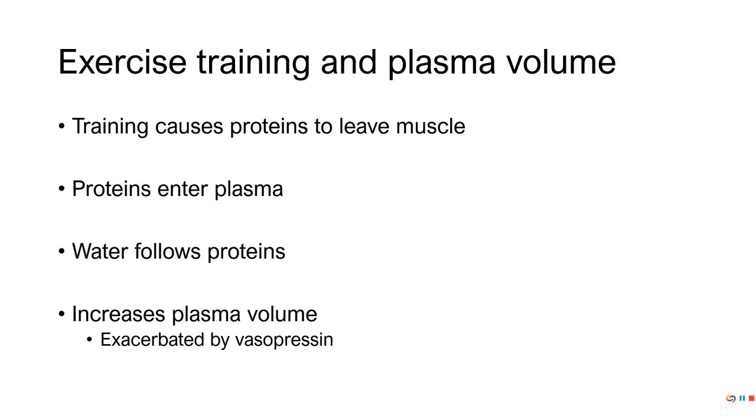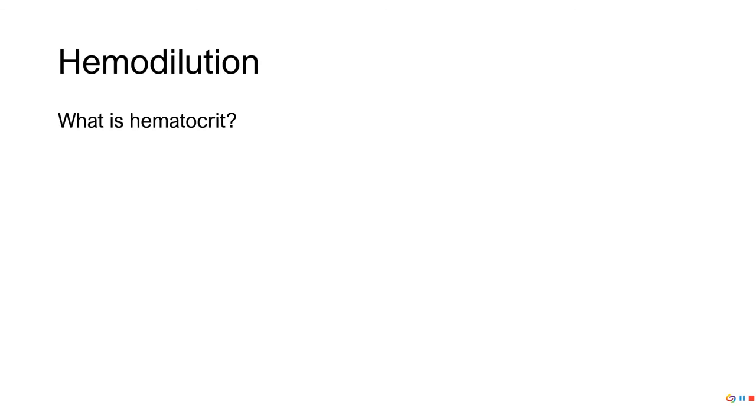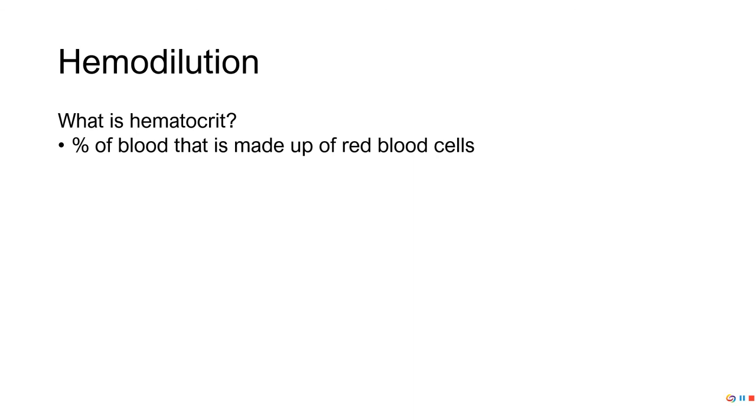And this can tie into something called hemodilution. So first question I have for you is, what is hematocrit? Hematocrit, simply put, is the percentage of your blood that is made up of red blood cells. The way we figure this out is we take a small blood sample, put it in a little glass tube, and spin it.